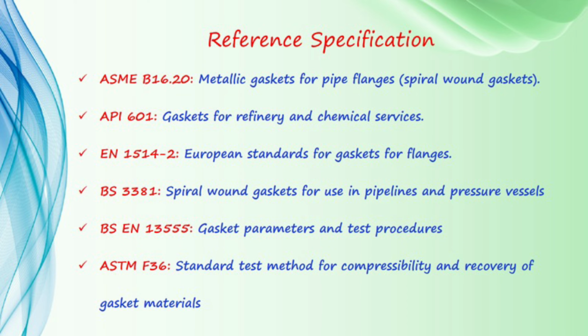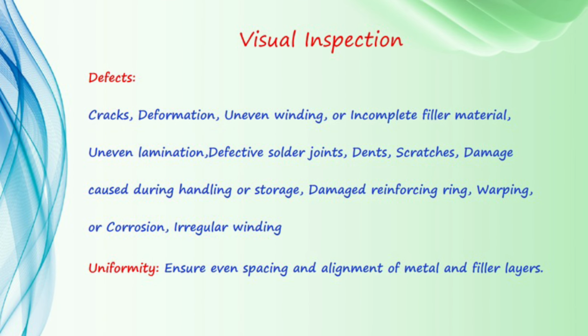recovery of gasket material. Now the first inspection parameter is the visual inspection of spiral wound gasket. In this visual inspection, the QC inspector has to check the defects and uniformity of the gasket. In defects, there are cracks, deformation, uneven winding or incomplete filler material, uneven lamination, defective solder joints, dents, scratches, damage caused during handling or storage, damaged reinforcing ring, warping or corrosion, and irregular winding.